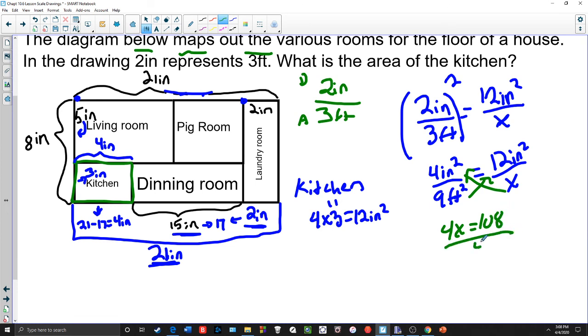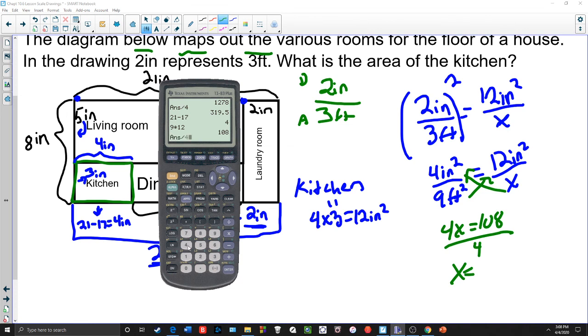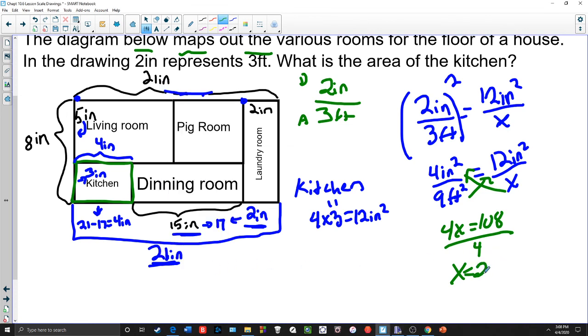Divide by 4. X equals 27. And this would be in square feet, or square footage as the lingo goes. So the actual kitchen will be 27 feet squared when it's done if they build it according to this model here.